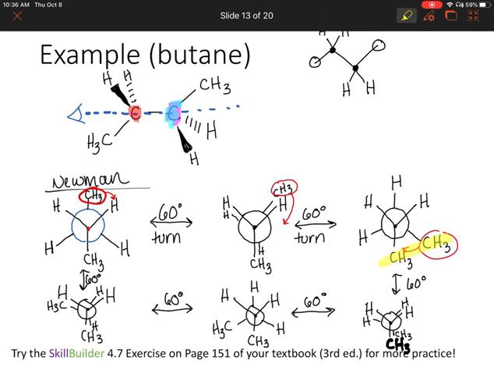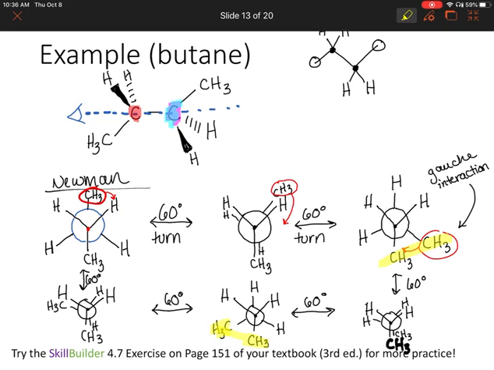And that's what's called a gauche interaction. And so that's also present in this staggered conformation down below. Those methyl groups are 60 degrees apart, and they're a little too close to each other for comfort. They would rather be further apart.